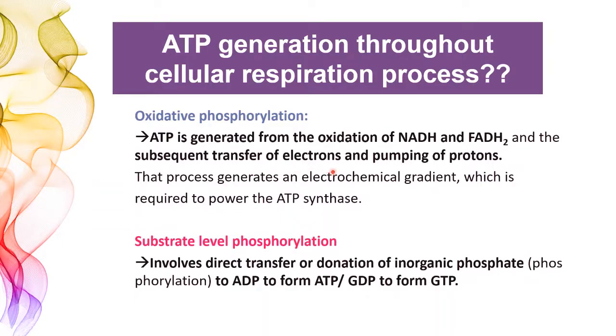As a result, H+ or protons are pumped across the mitochondrial inner membrane to the intermembrane space, and this will generate an electrochemical gradient. This electrochemical gradient is what will be used to power ATP synthase to produce ATP by adding phosphate to ADP.